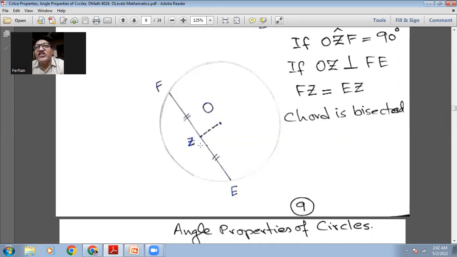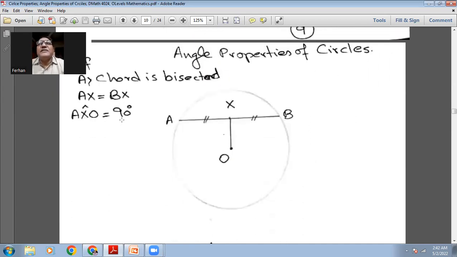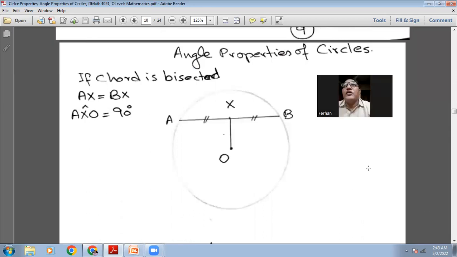So FZ and EZ will both be equal to each other. So if a line segment from the center makes a 90-degree angle with the chord, the chord will be bisected by that line segment. Okay, so that's the first property in our syllabus in D Maths D3.